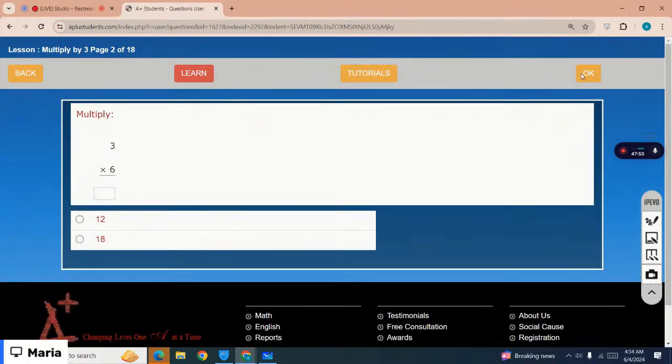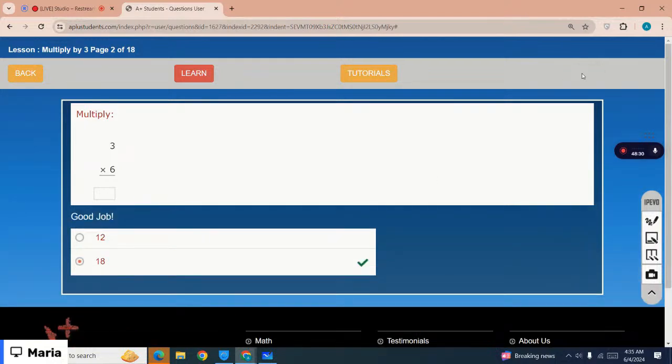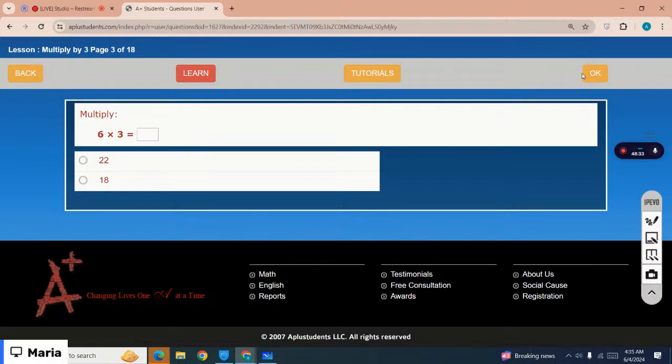3 times 6 equals 18. Again 6 times 3, which is the correct option?